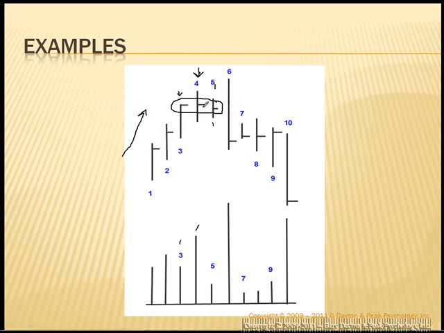In VSA, they often talk about this little narrow range down bar on very light volume as a test. But you're looking at one bar and saying, gee, it's a test because it's light volume, it's narrow spread and it's a down bar. Well, that's not the way that I look at the market. That's not good enough.